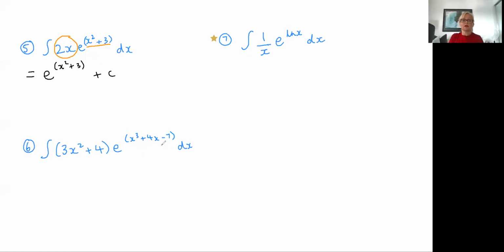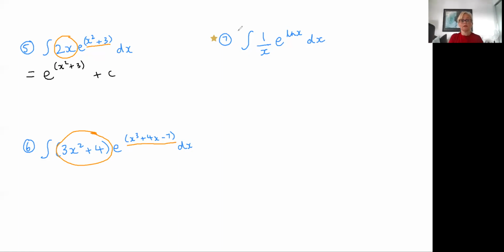Let's have a look at this one. Same sort of situation. This function here is like our f of x. What's the derivative of that? The derivative of that is 3x squared plus 4. Lo and behold, we happen to have that exact thing multiplying out the front.